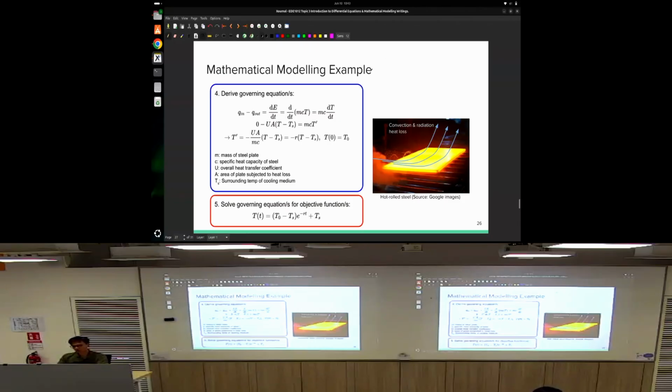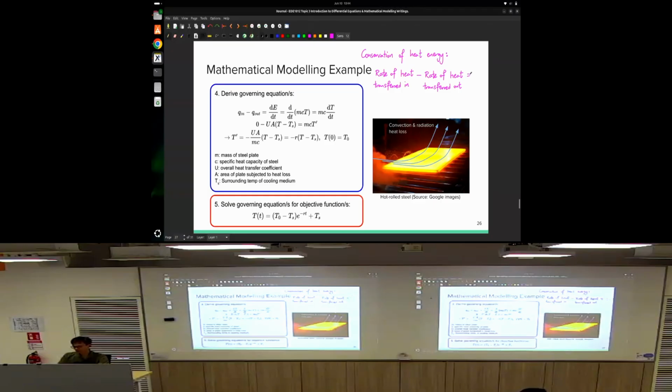So it's just the rate of heat transferred in minus the rate of heat transferred out, which is equivalent to the rate of change of heat energy of that material.